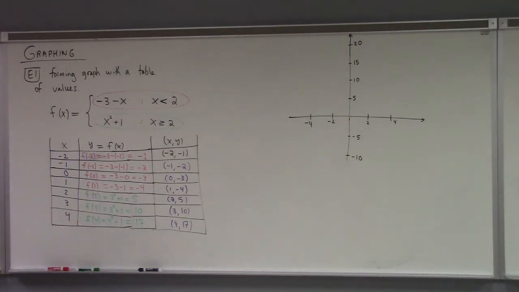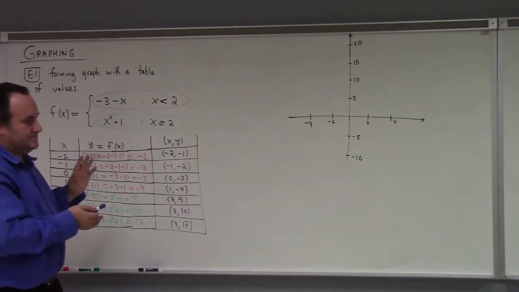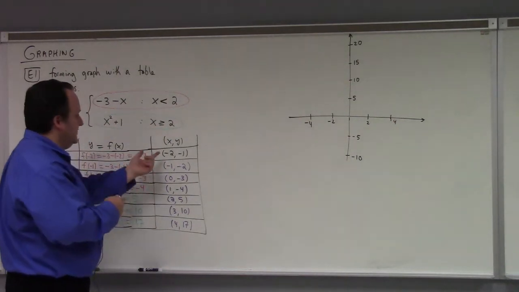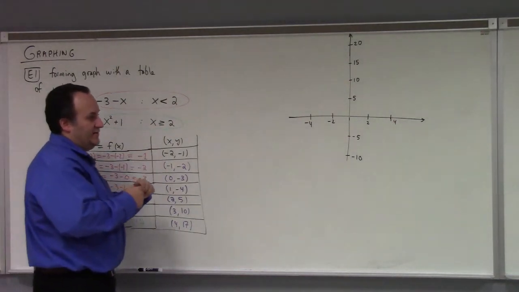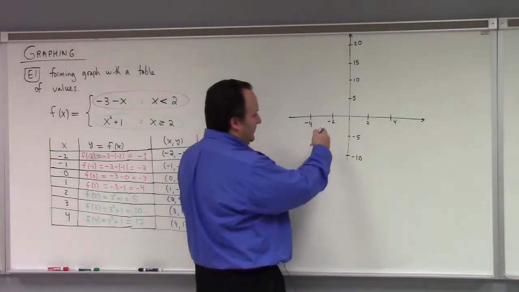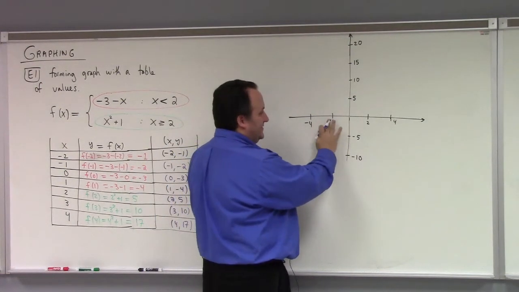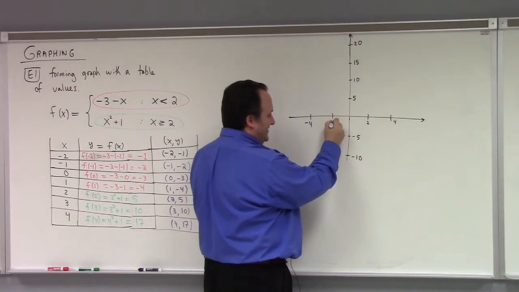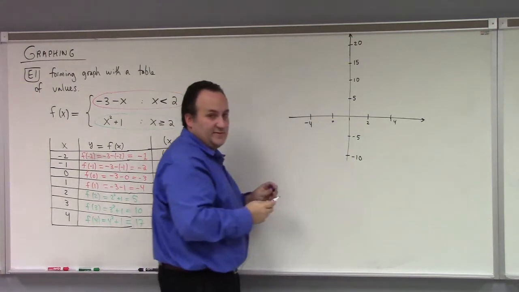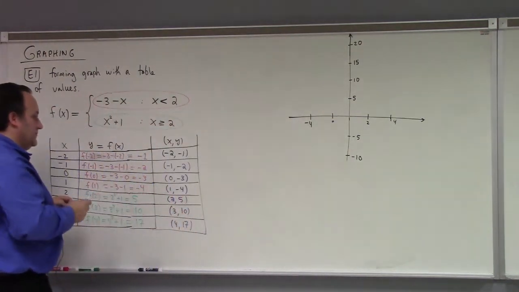Anyway, thinking ahead. So here, I plot the points, right? Where's -2, -1? -2 is the x, -1 is the y, right? So annoyingly, that's about right where I drew the number -2. See that? So it's about right here. That's my first point, -2, -1.